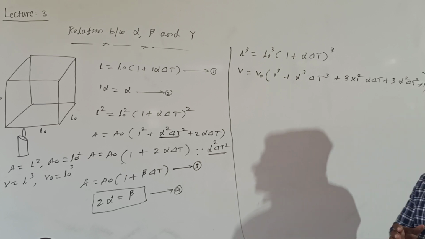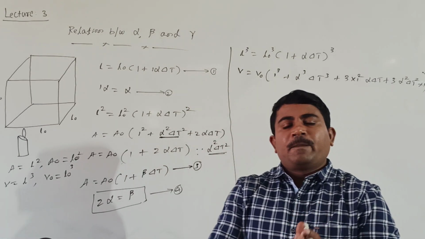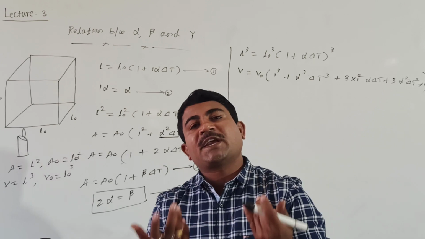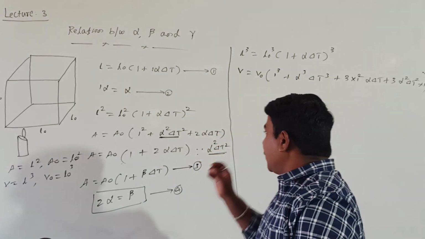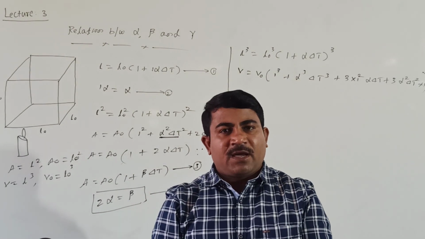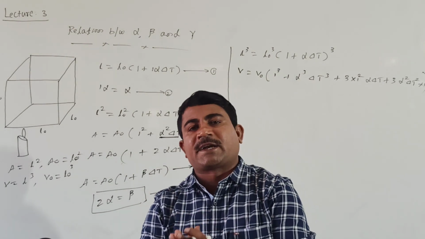Right. But alpha is very small, alpha square is again very small. That's why in this equation, whatever terms contain alpha square and alpha cube are neglected.